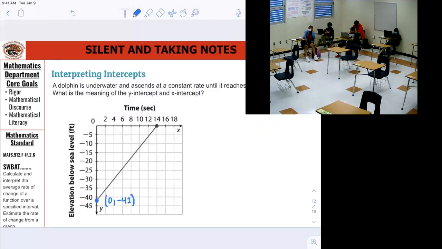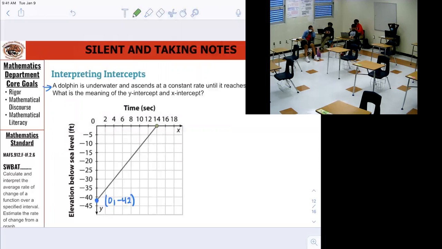I forgot to read the scenario, so let me read it real quick. A dolphin is underwater and ascends at a constant rate until it reaches the surface. Okay. So now I know what I'm talking about. My y-intercept was negative 42. What's my x-intercept? 14.